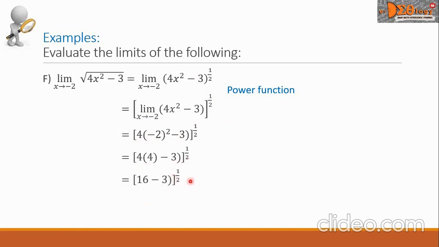And then the power 1/2 is still here. And 16 minus 3 is 13 raised to 1 over 2. Putting back this 1/2 exponent into radical form, we have the square root of 13. This is our final answer.